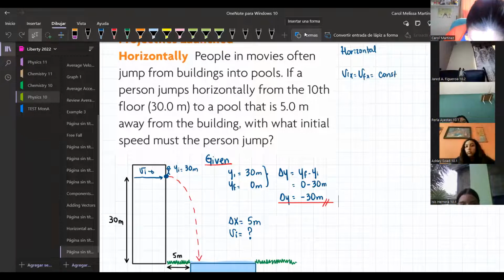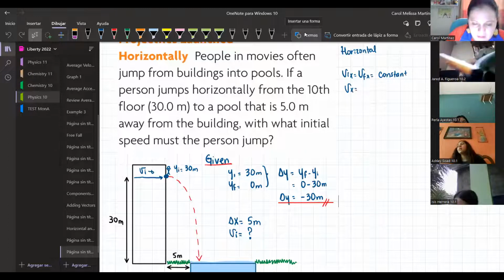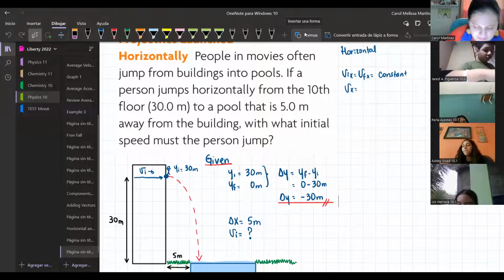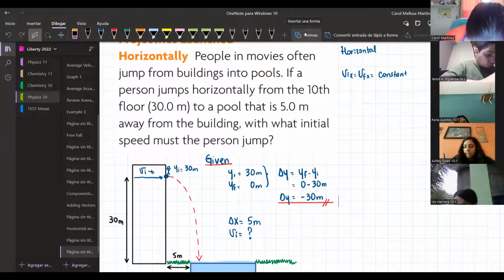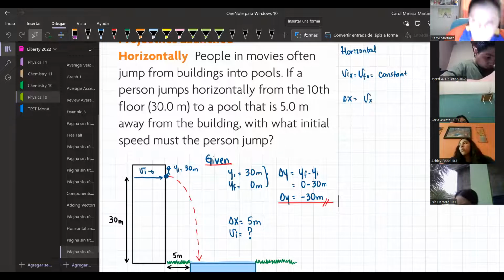That means there's no change in the velocity, constant. And the other I gave you was delta x. Delta x is equal to velocity in x multiplying the time. I think that was the formula that I gave you, okay?